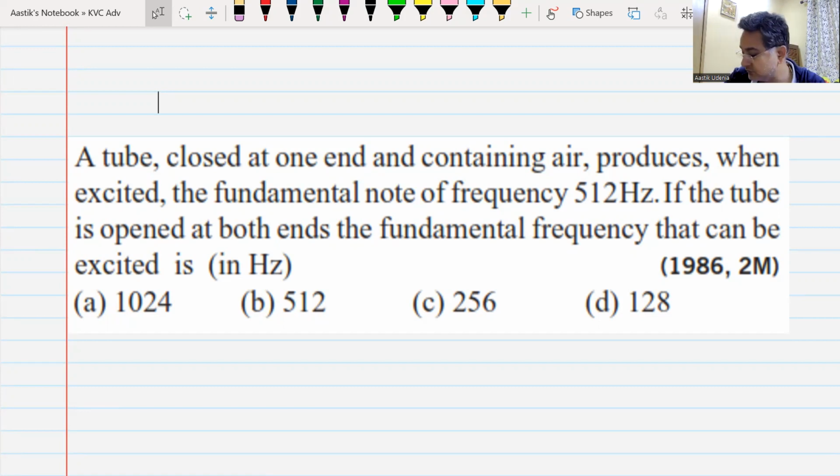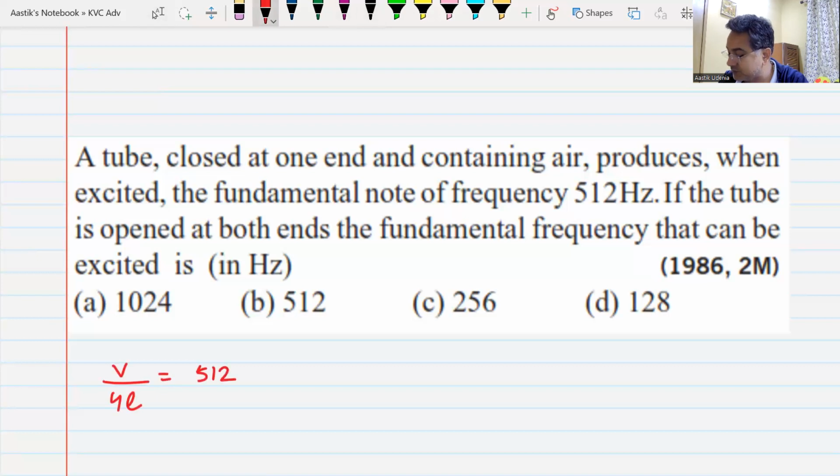A, 1024. How did you get A? It's very simple. The fundamental of a closed pipe is V by 4L, and this V by 4L is 512. Now it becomes an open pipe. For an open pipe, it should be V by 2L. So V by 2L is 1024. The answer is 1024.